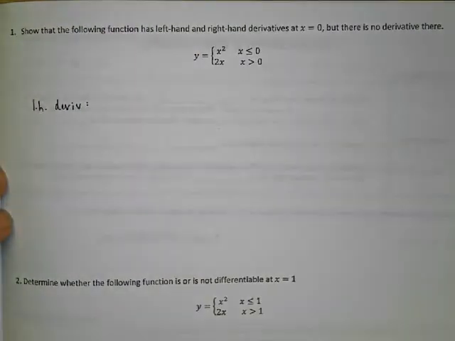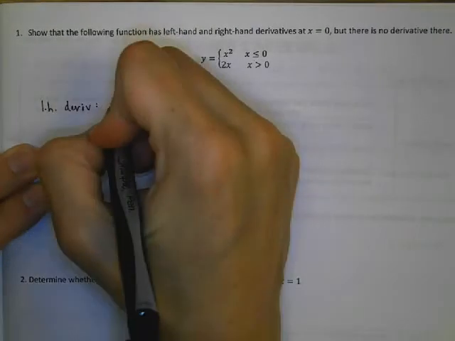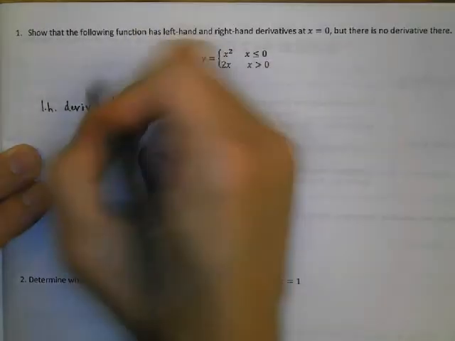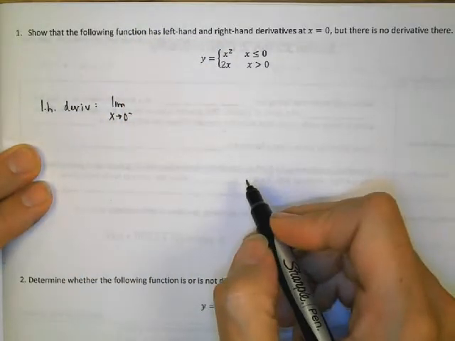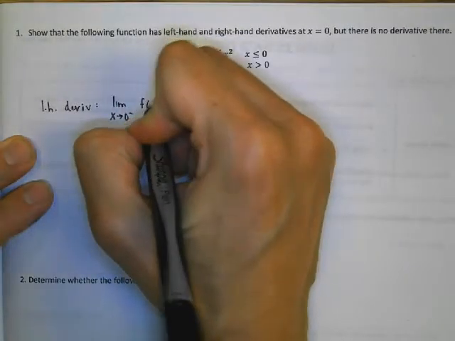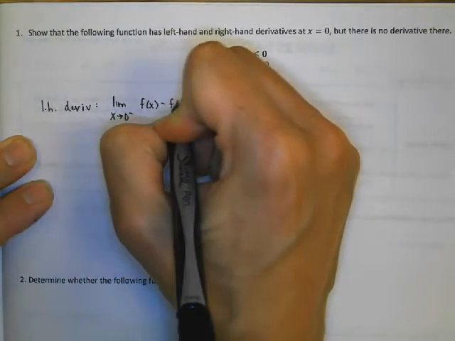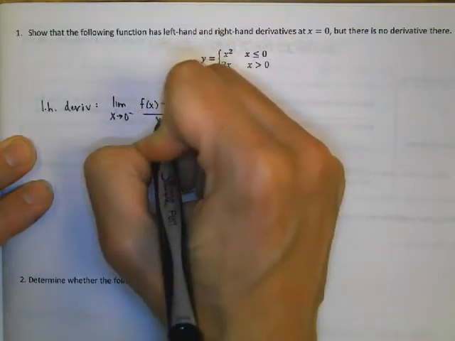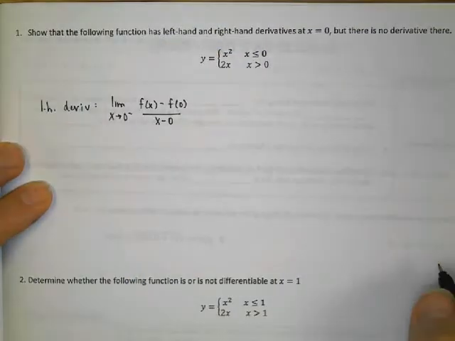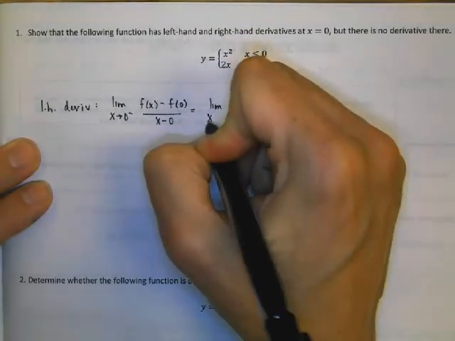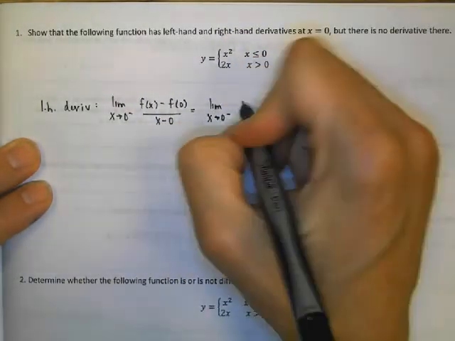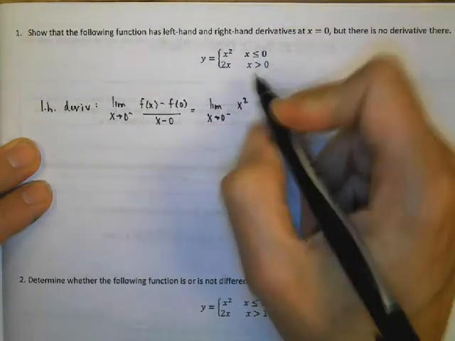So let's go ahead and calculate our left-hand derivative. I know my left-hand derivative is going to be the limit as x approaches 0 from the left of f of x minus f of 0 over x minus 0. So we can go ahead and figure out what this is. I'm keeping my limit notation. F of x I know is x squared.